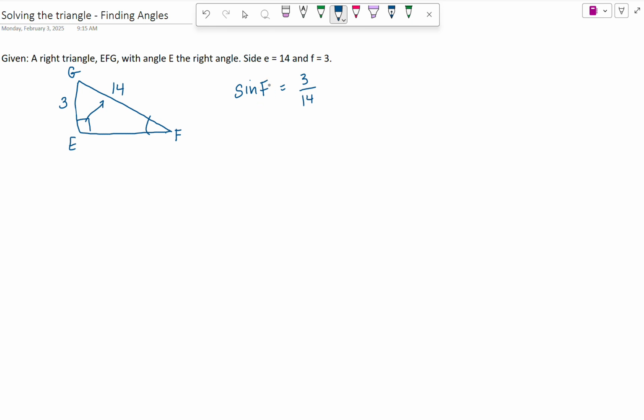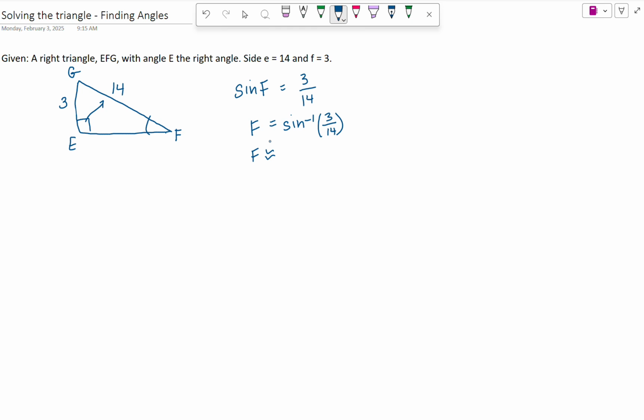Okay, now to solve for the angle, we're going to use inverse trig. So we would say F is equal to the inverse sine of 3 over 14. So we're just going to type that into our calculator. And as I do, I want you to know that you will just get the answer directly from your calculator.